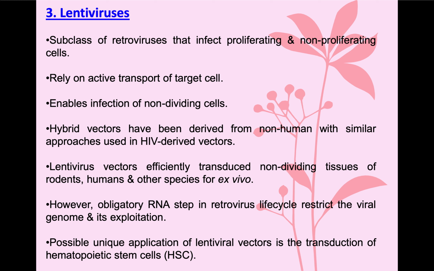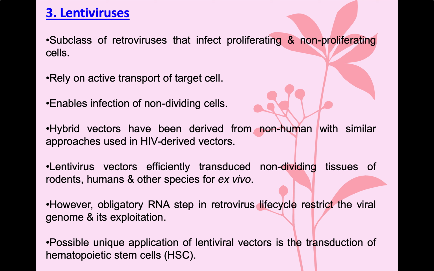The next one is lentiviruses. This is actually a subclass of retroviruses. It could infect proliferating and non-proliferating cells. The mechanism of lentivirus relies on active transport into your target cells, and the good thing about lentiviruses is that they could infect non-dividing cells. This would be useful especially if the defective gene is located in non-dividing cells.